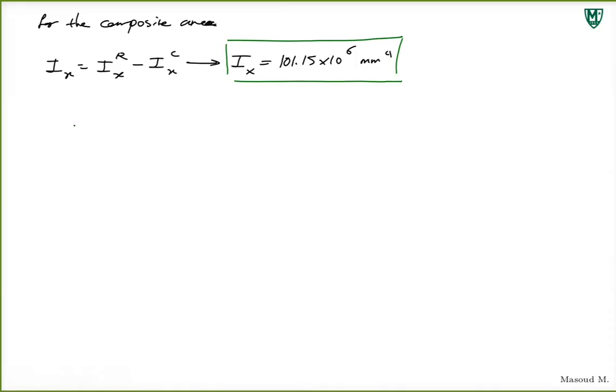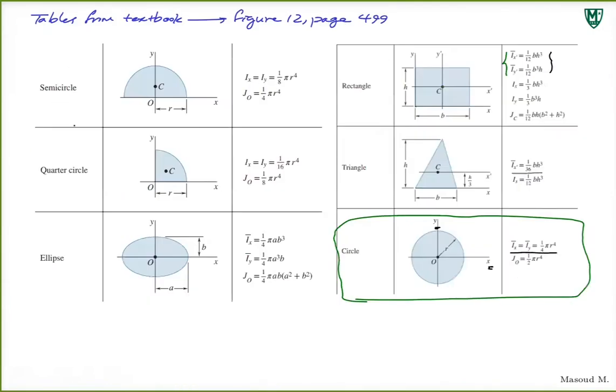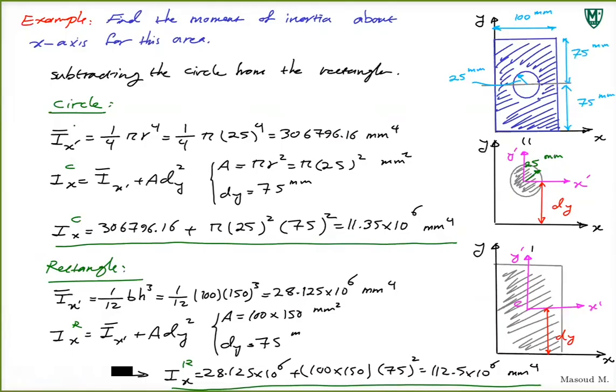So you have the table and you know parallel axis theorem. That's what you do. When you have a composite area, you find out how you can break it into simple shapes, the shapes that you have the information about in the table. Then for each segment, you find the moment of inertia about the set of axes that you have for your composite area.